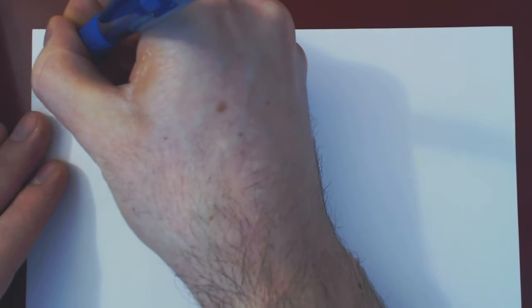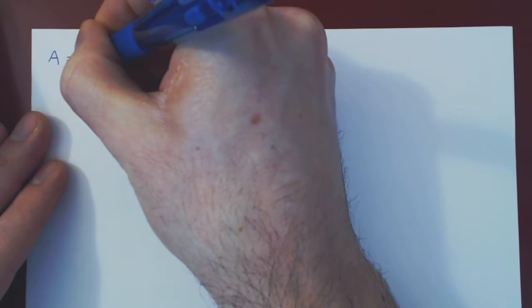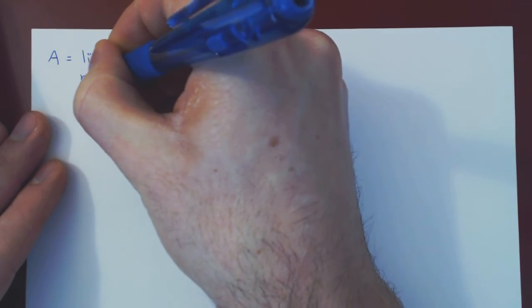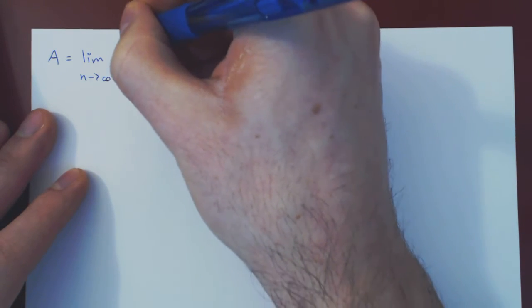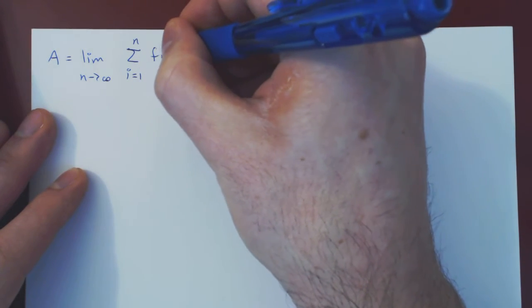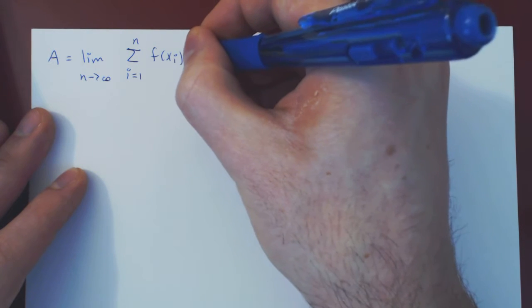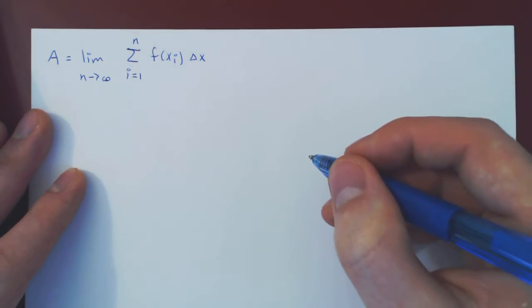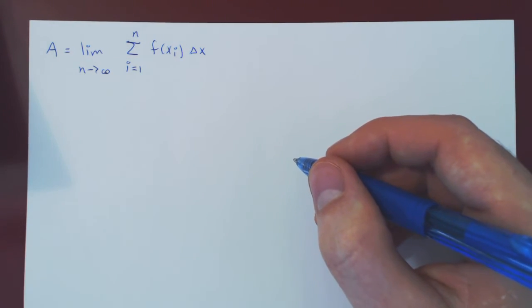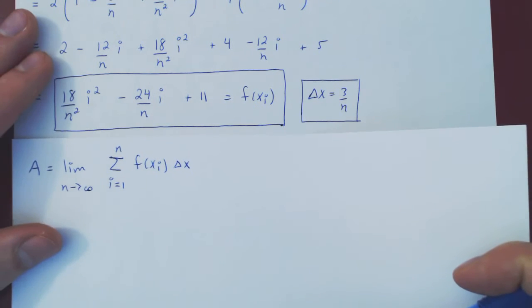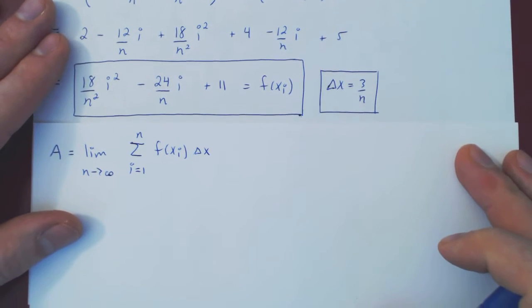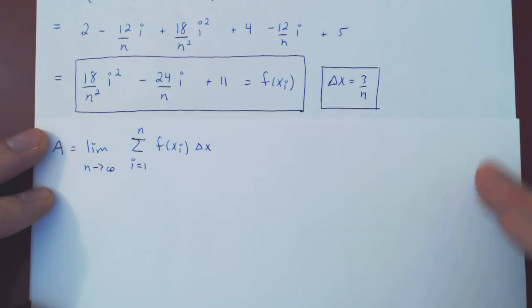So the exact area is the limit as n goes to infinity, the summation as i goes from the first to the nth rectangle, height of the rectangle, f of xi, times the width of the rectangle, delta x. But now we have found both f of xi and delta x.